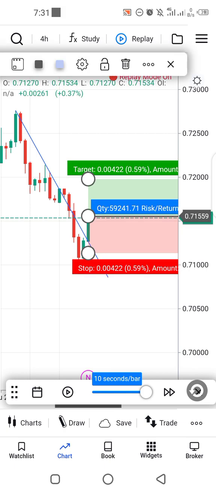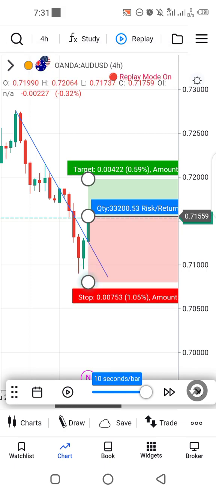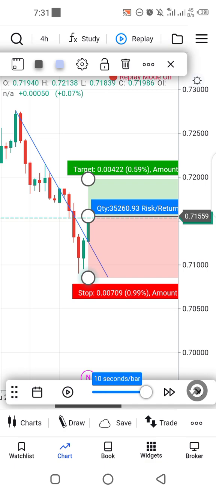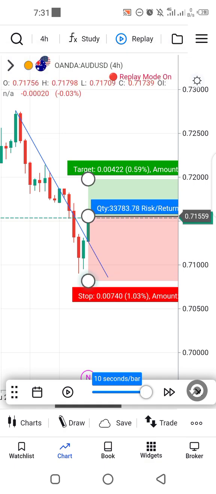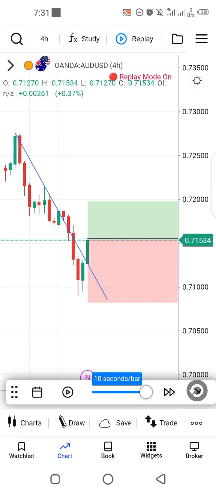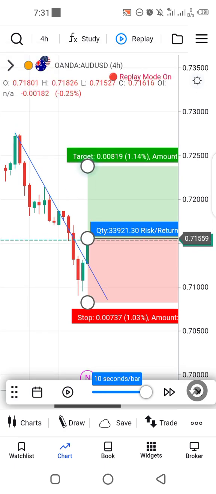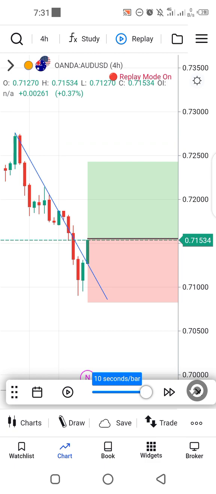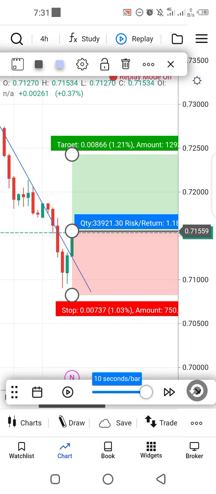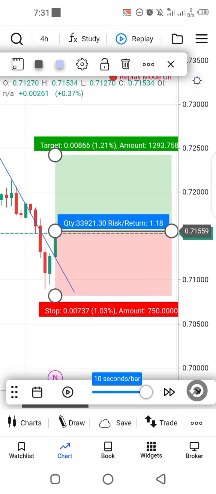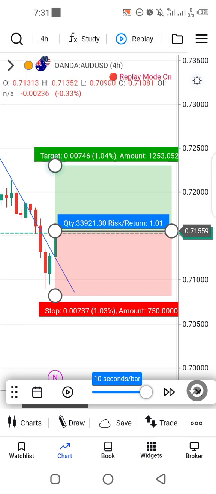So here I'll put my stop loss below this low here. Make sure you give some gaps. So we open two trades. The first trade we expect it to move to at least 1:1. Somewhere there.